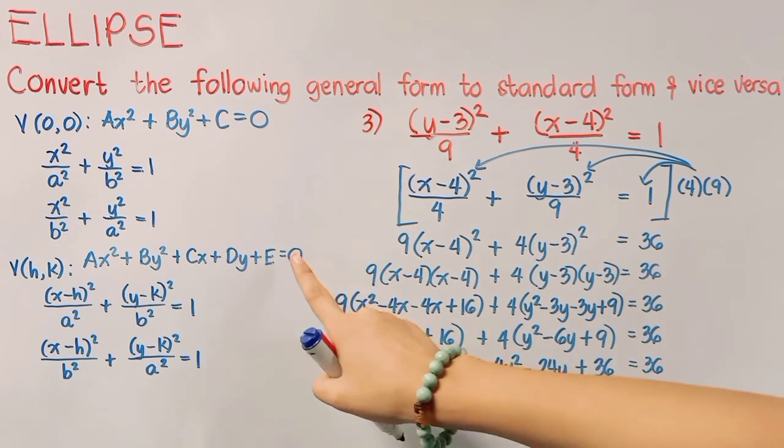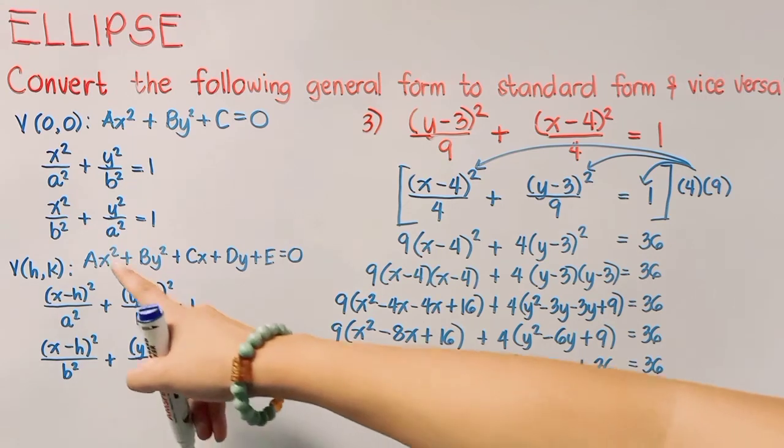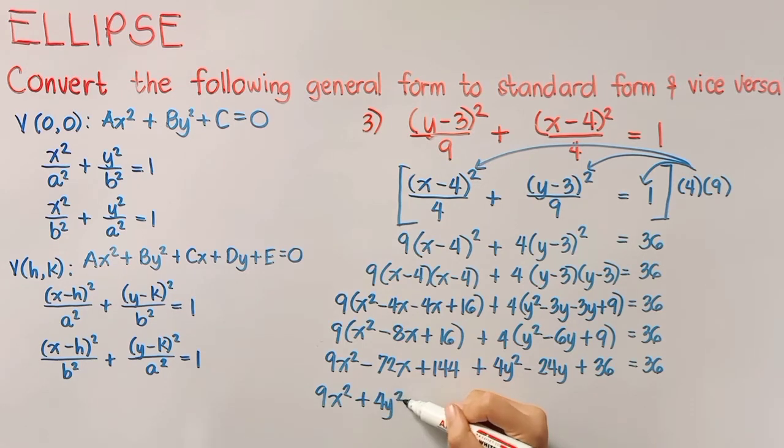Going back to our expected answer, we will be writing the term with x squared. So that would be 9x squared. Next is y squared, so that's plus 4y squared. Next term is with x, so that is this one, negative 72x, followed by the term with y, so that's negative 24y. Next is e, which means constants.